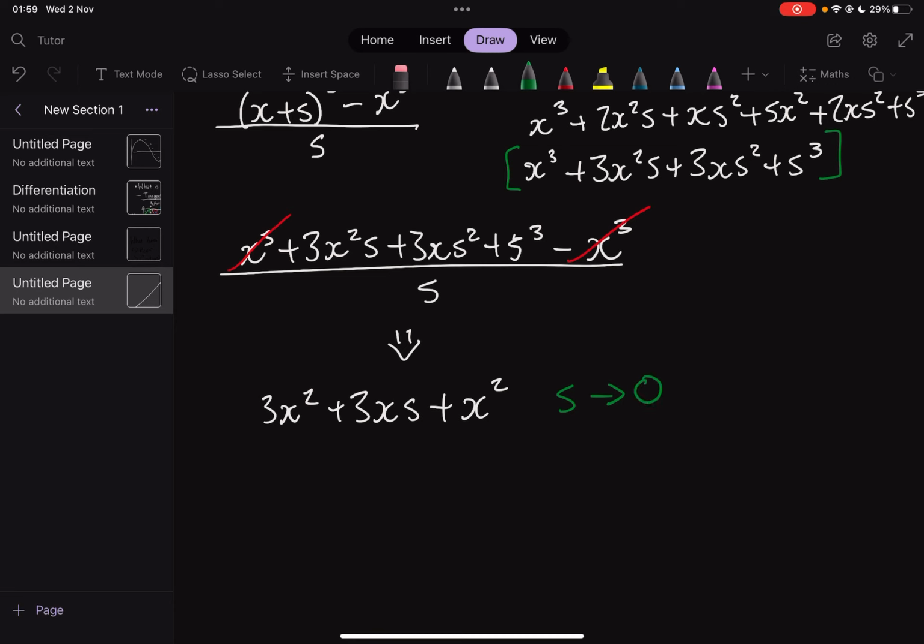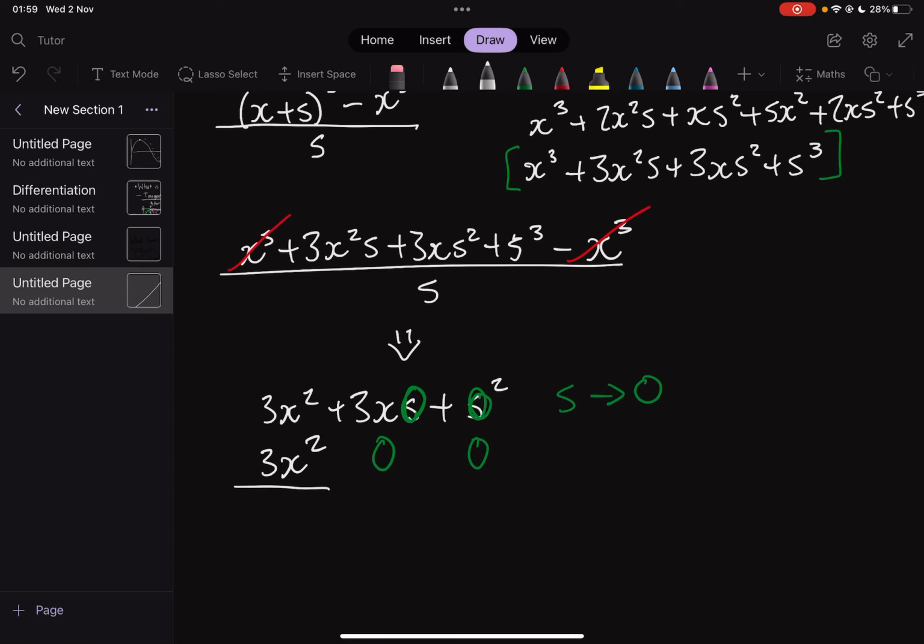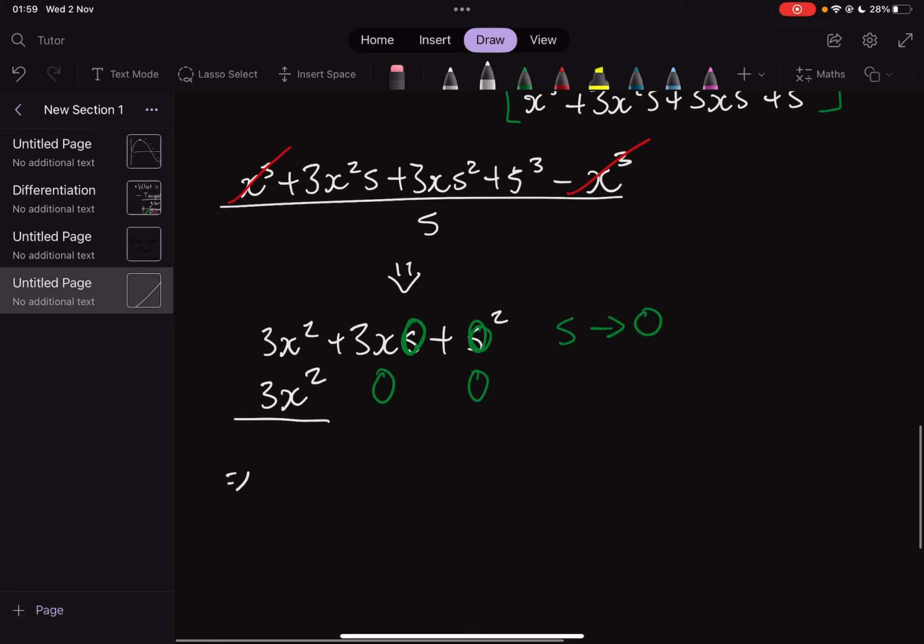So this will become 3x squared. Oh, this is supposed to be an s squared. This becomes 3 times x times 0, which becomes 0. This will be 0 squared, which is also 0. And what you're left with is 3x squared. So therefore, the derivative with respect to x of x cubed is 3x squared.